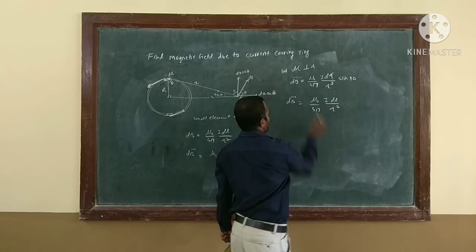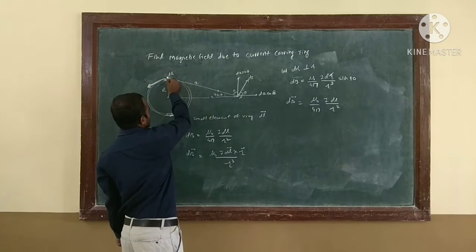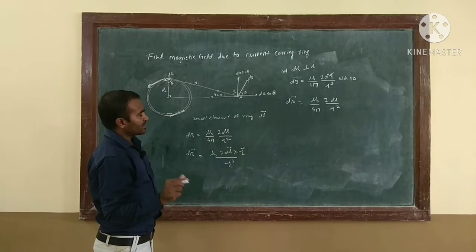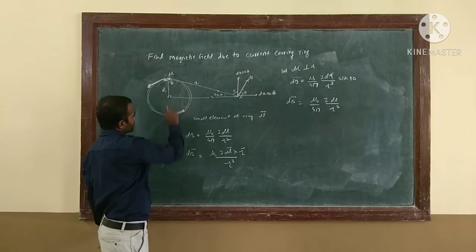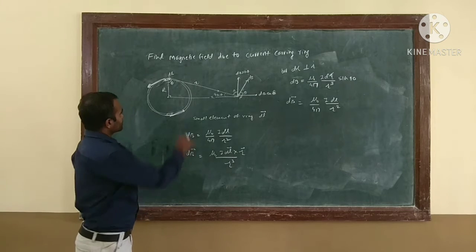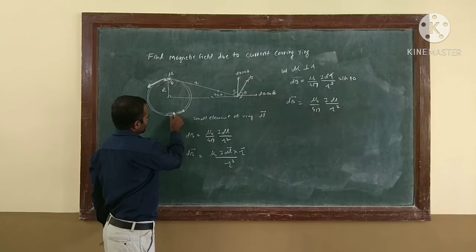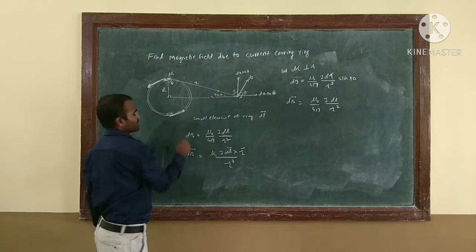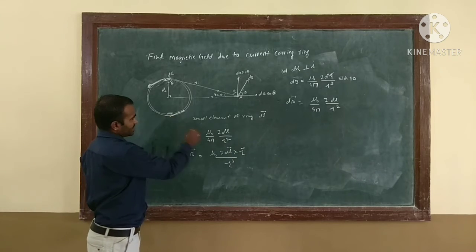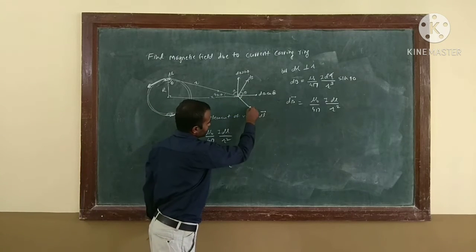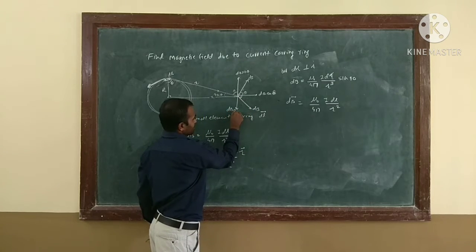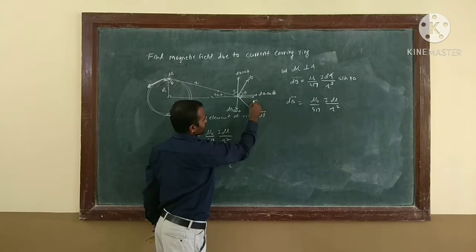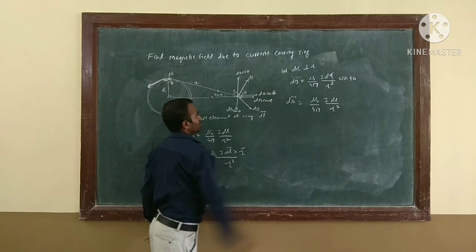Now this is due to the smallest element dl, but on the opposite side we have another element dl, and the magnetic field due to this component will be here because it is on the opposite side. So there are also two components: again dB sin theta, and again dB cos theta.